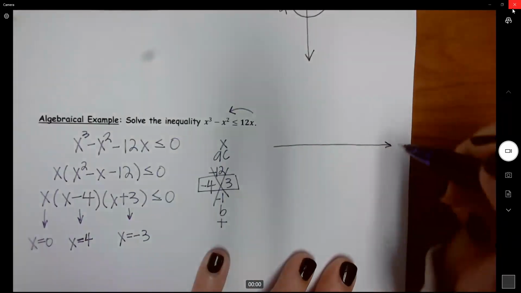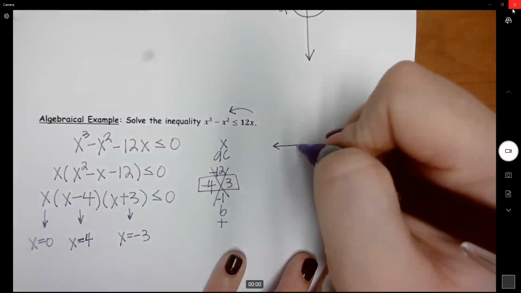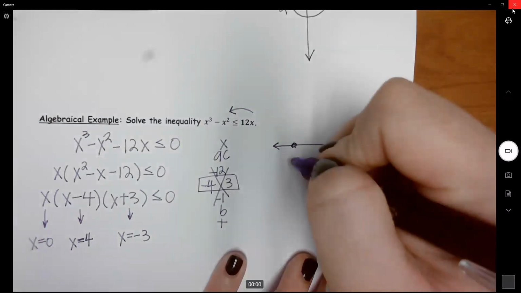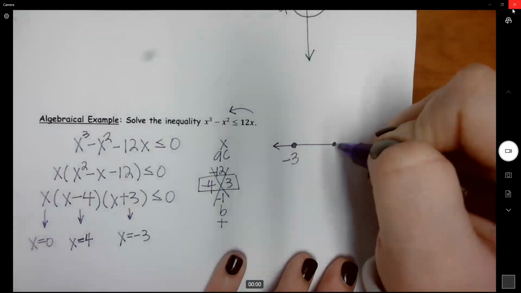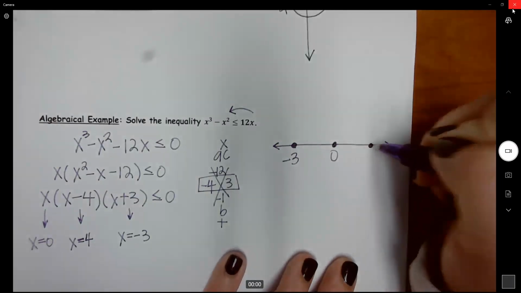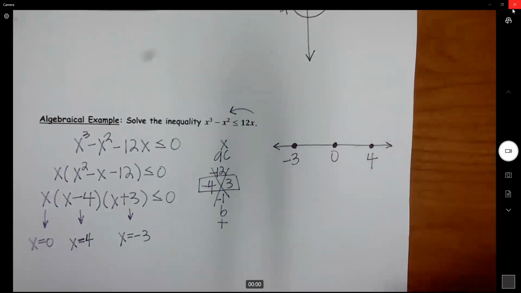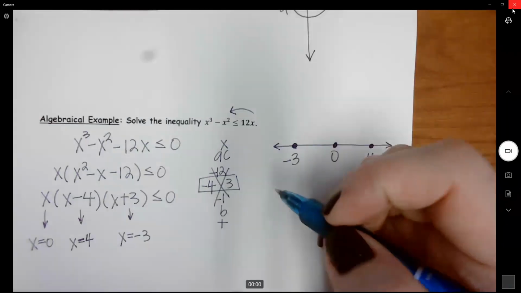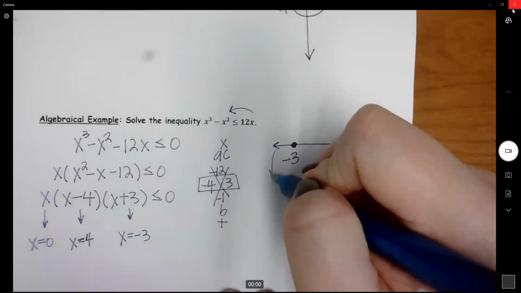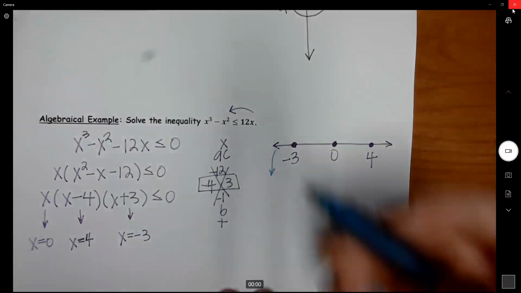Once we get that, we'll go over here to a number line. I have a 0 at negative 3, I have a 0 at 0, and I have a 0 at 4. So we'll pick some test points. I can pick a test point here, something that is less than negative 3.